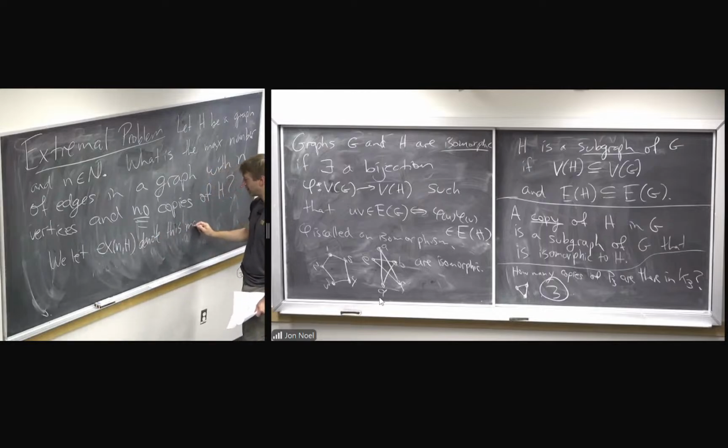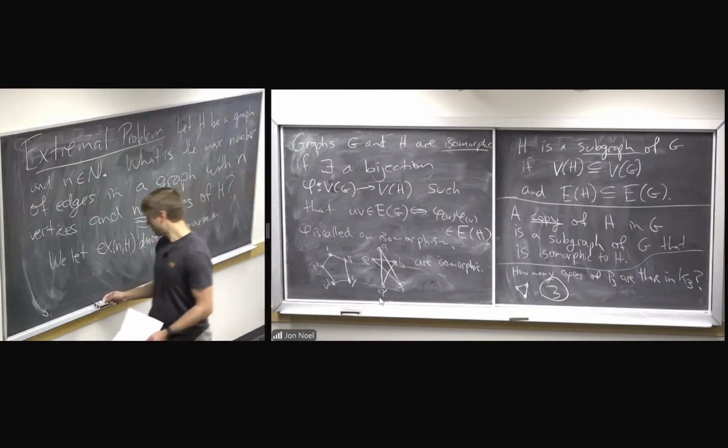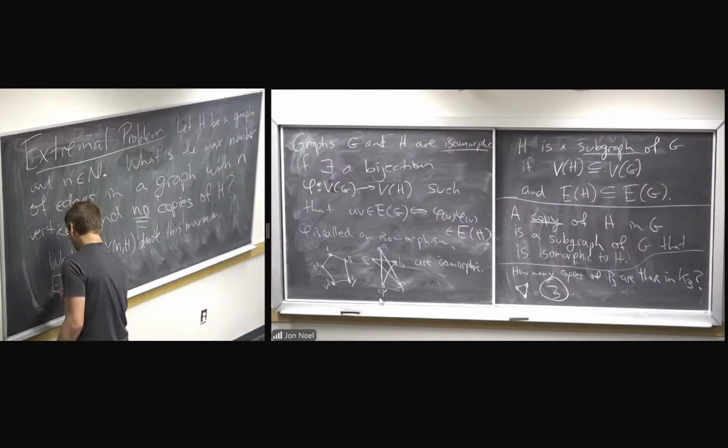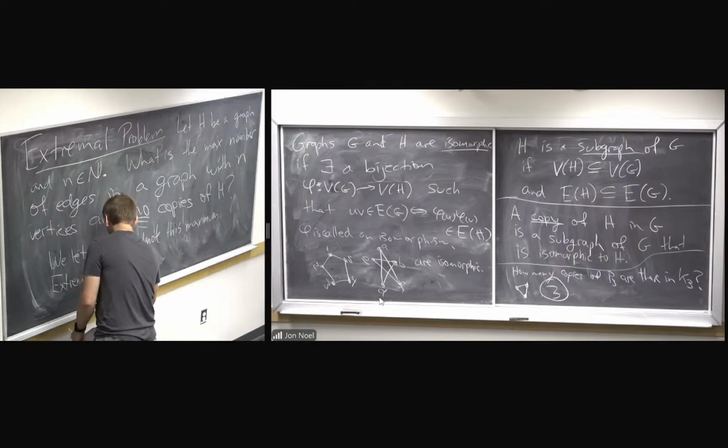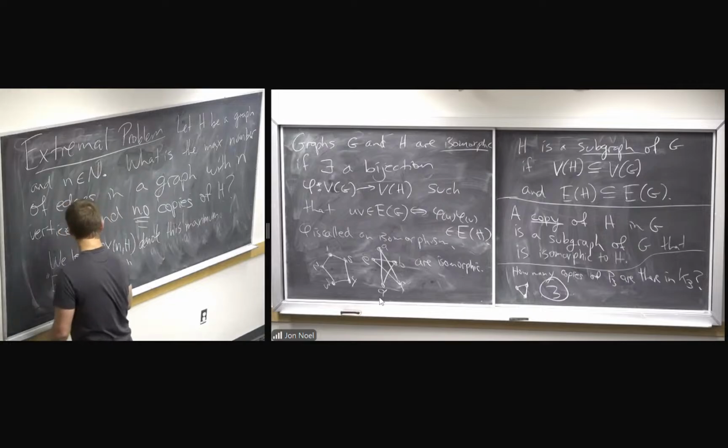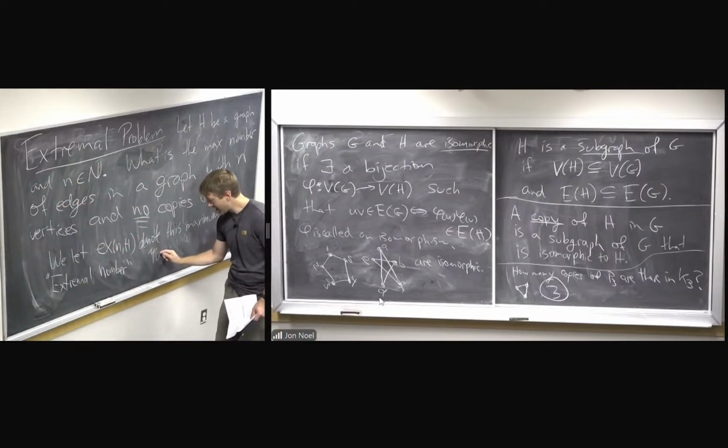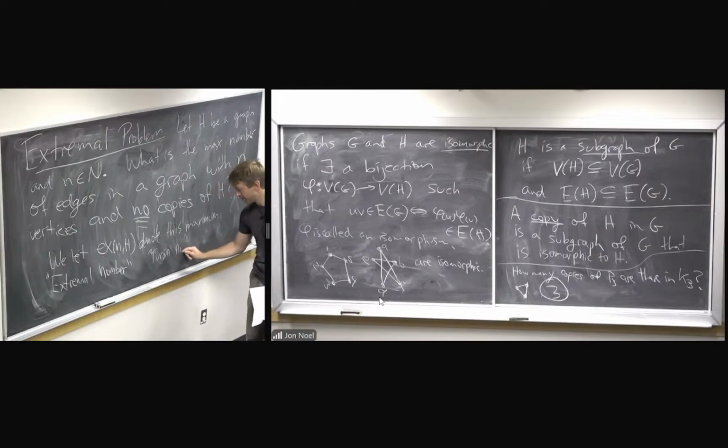So it is the maximum number of edges on an n vertex graph with no copy of H. And the terminology people usually use is they call this the extremal number of H, or sometimes they call it a Turán number, for reasons we're going to see tomorrow. So tomorrow we'll prove something called Turán's theorem.